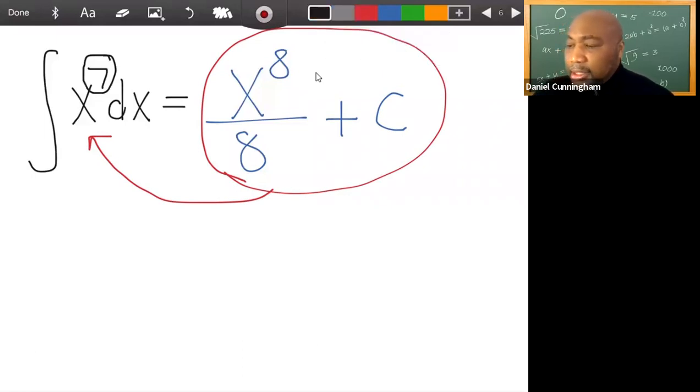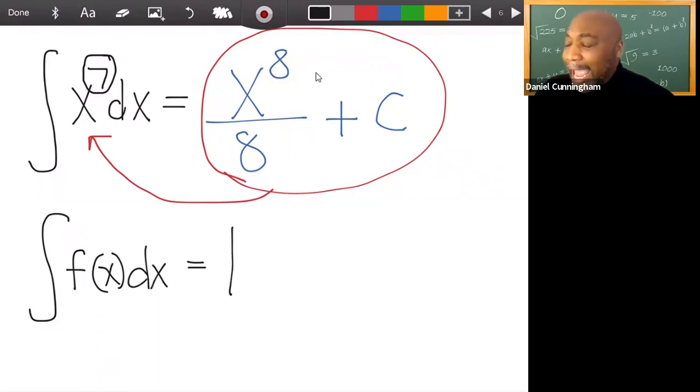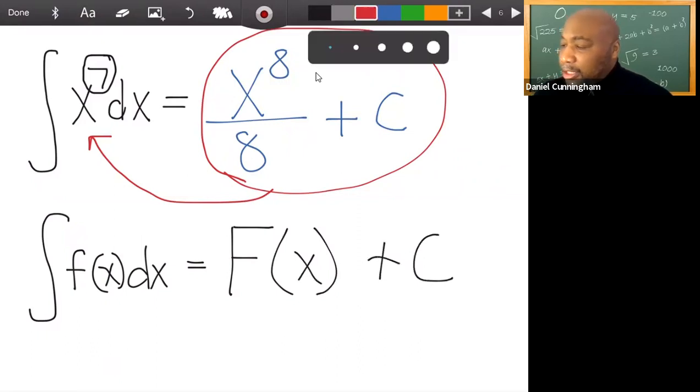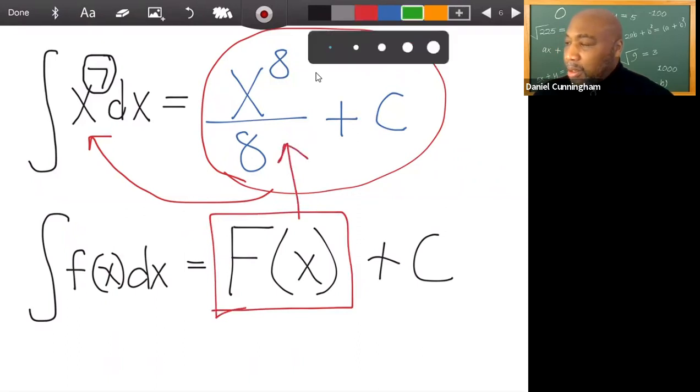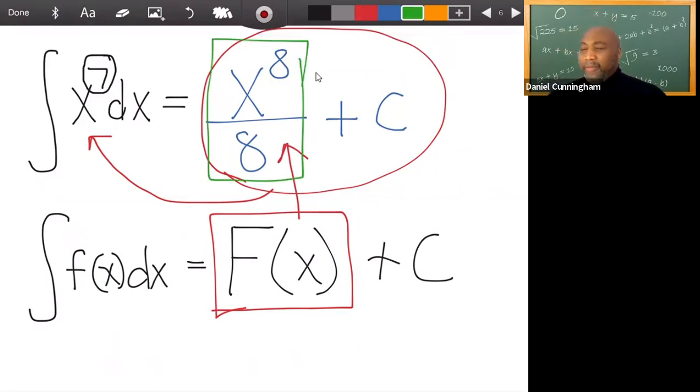Arbitrarily, what you're saying is this. The integral of a function with respect to dx is equal to capital F of x plus c. And this is our capital F of x, what I put in green right here. So when you take the antiderivative or find that integral, it's capital F. Unlike the derivative, it's f prime or f double prime.